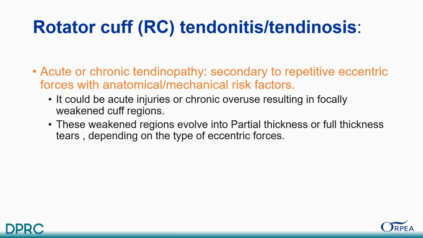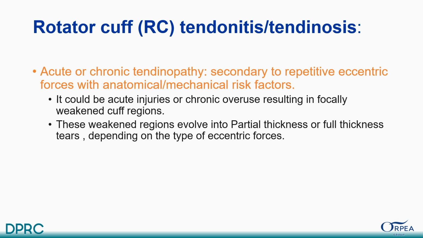And as we mentioned, a rotator cuff problem could be a tendinitis or a tendinosis. So it could be an acute or a chronic tendinopathy, secondary to repetitive eccentric forces with anatomical or mechanical risk factors predisposing to this particular condition.